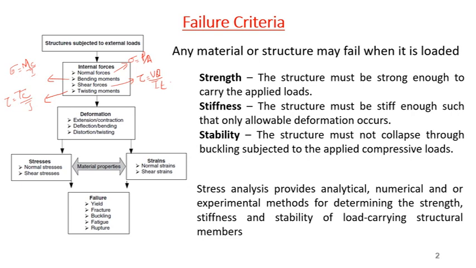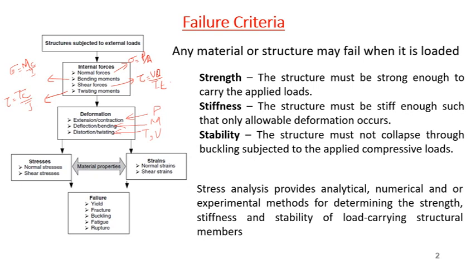For example, normal stress can cause extension or contraction, whereas the bending moment causes deflection or bending, and the shear force and the twisting moment will cause distortion or twisting of the structure. We know how to calculate these, except for the shear force, because it's a complex deformation.